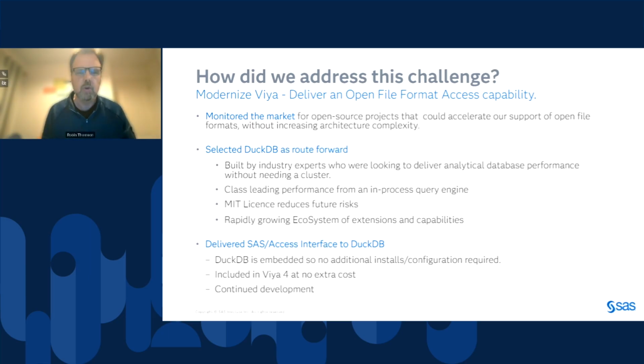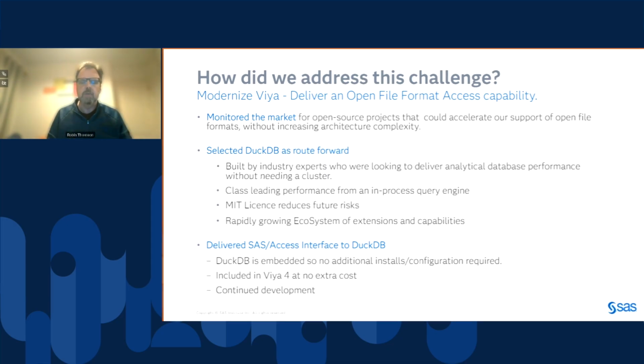There's no additional cost as such for DuckDB to be included. And we're continuing to develop it. Currently within R&D, we're looking to upgrade to the very latest version, 1.4.1, which will give us things like insert, update, and delete for Iceberg. But the ecosystem keeps developing, and we will continue to do that development alongside it.